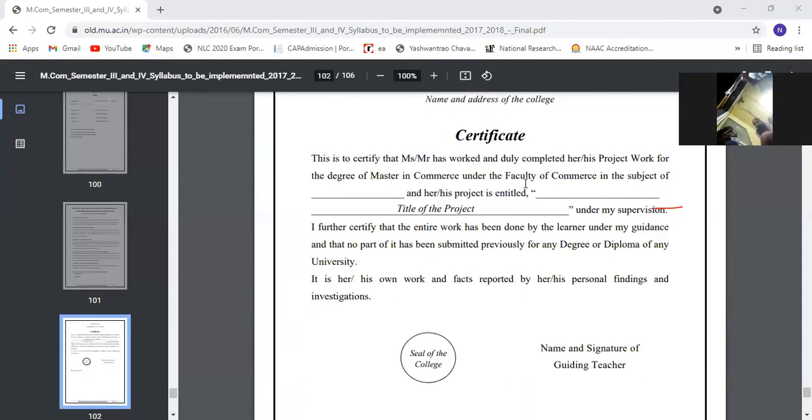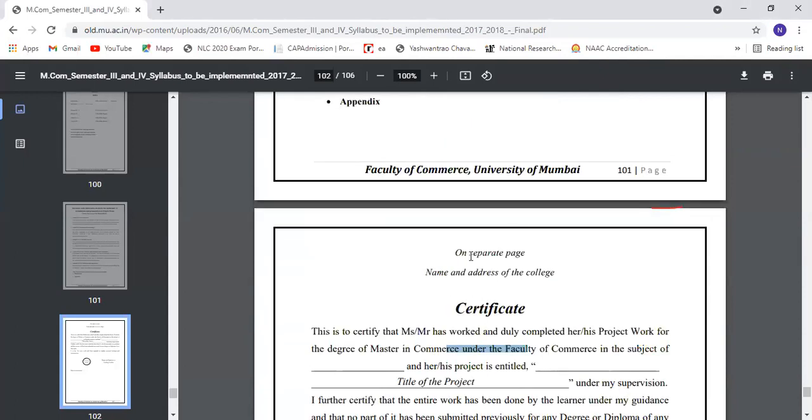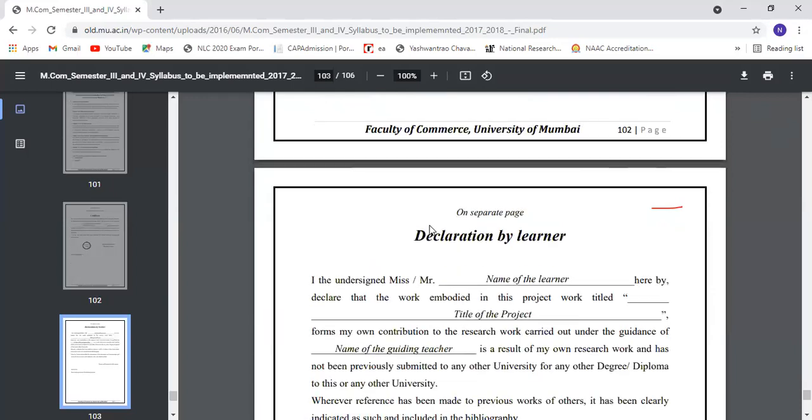Now this is a certificate, students. This is a certificate as per the university. On a separate page, the name and address of the college, the certificate given by the college to the guide and student. This is the format where you have to mention your project title also, and Master of Commerce in which subject, very carefully, with your signature.